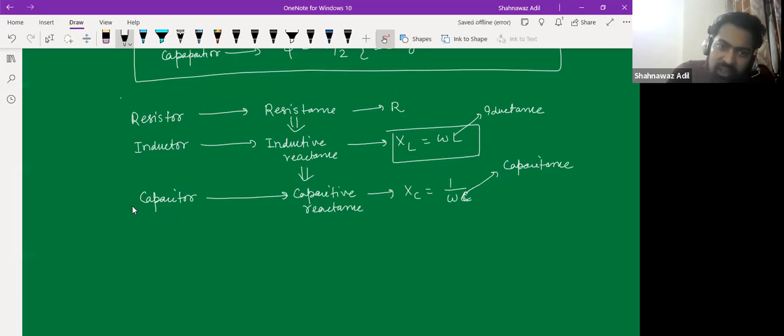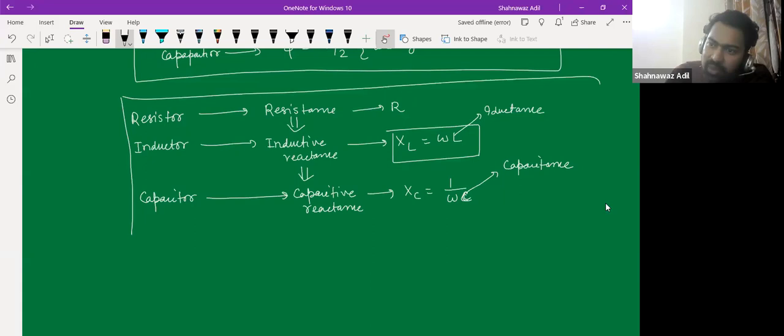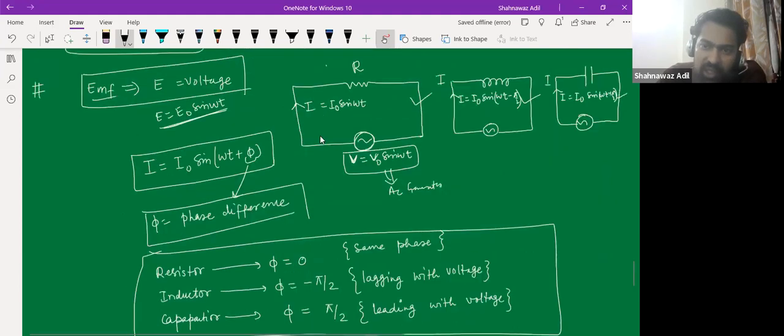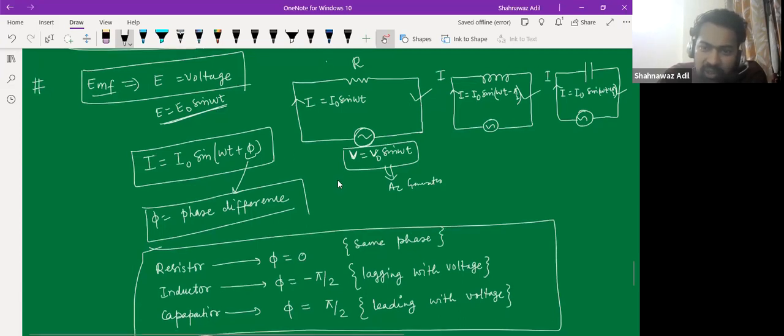Right? So these are the crucial things that we have to remember. And this omega is the frequency that you are providing. So this omega is for the supply voltage that you are applying. So this is the frequency of the supplied voltage.